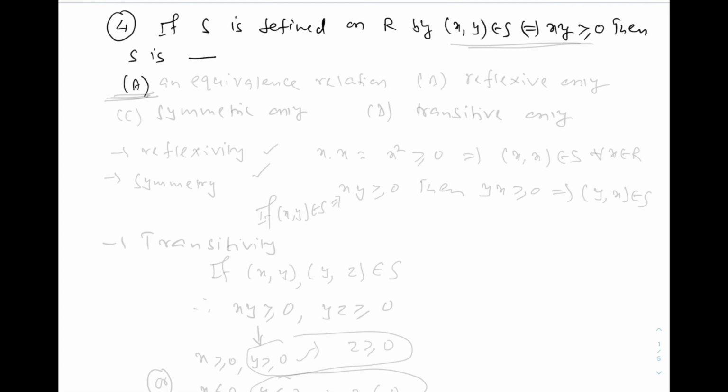The options are: an equivalence relation, reflexive only, symmetric only, and transitive only.